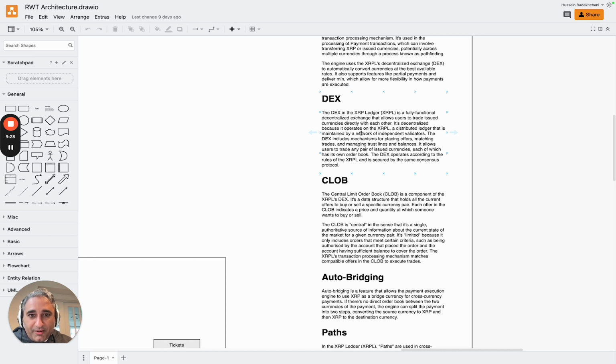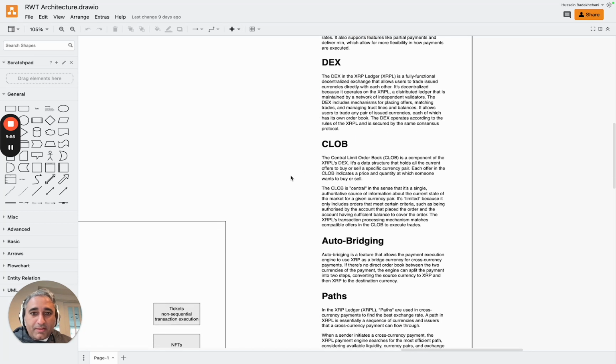It's decentralized because it operates on the XRPL, a distributed ledger that is maintained by a network of independent validators. The DEX includes mechanisms for placing offers, matching trades, and managing trust lines and balances. It allows users to trade any pair of issued currencies, each of which has its own order book. The DEX operates according to the rules of the XRPL and is secured by the same consensus protocol.